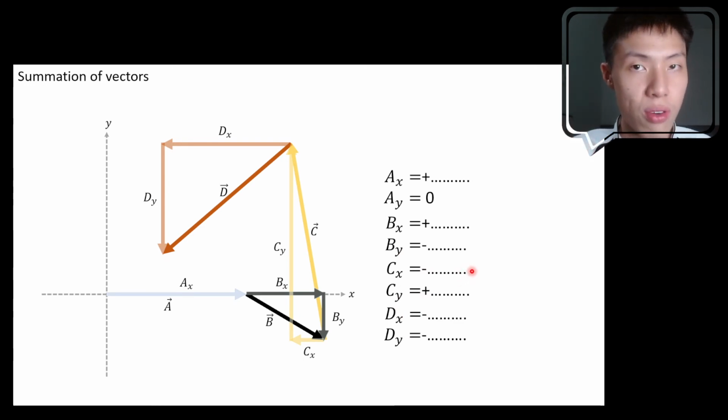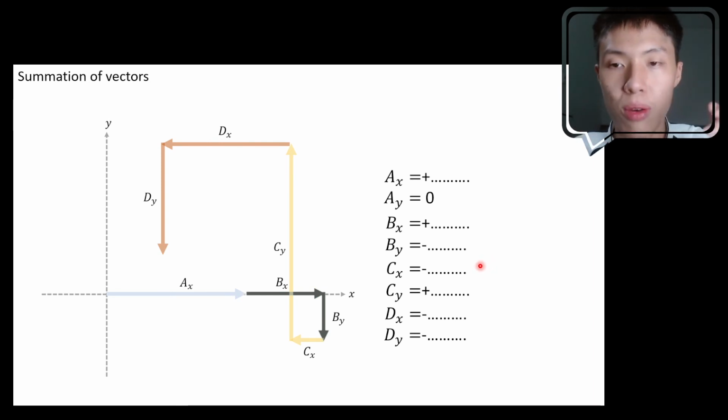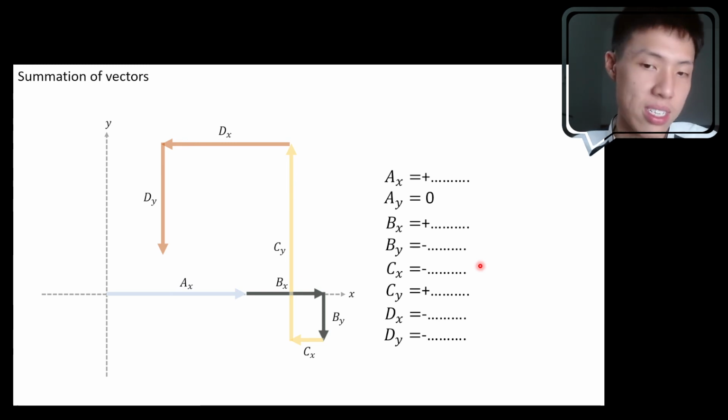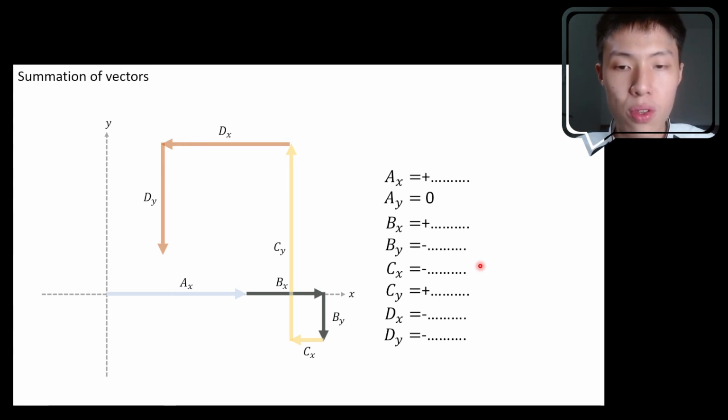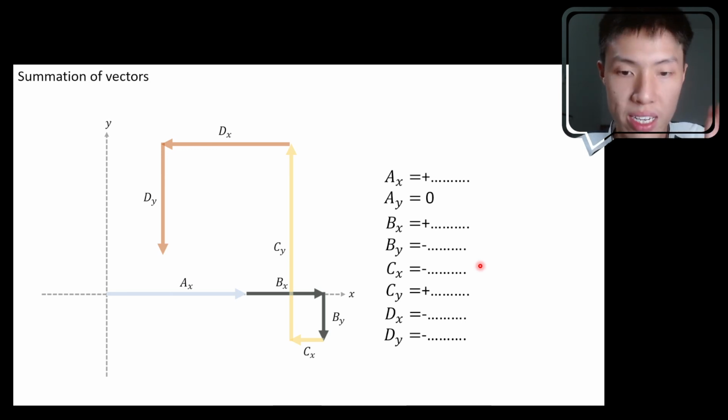So how does resolving vectors help us to sum up the vectors? Now let's ignore the actual vectors and look only at the components. Okay, if we do it geometrically, we only look at the components. Then let's see how these components help us to determine the resultant vector. So what we do is we bring all the X components towards the x-axis.